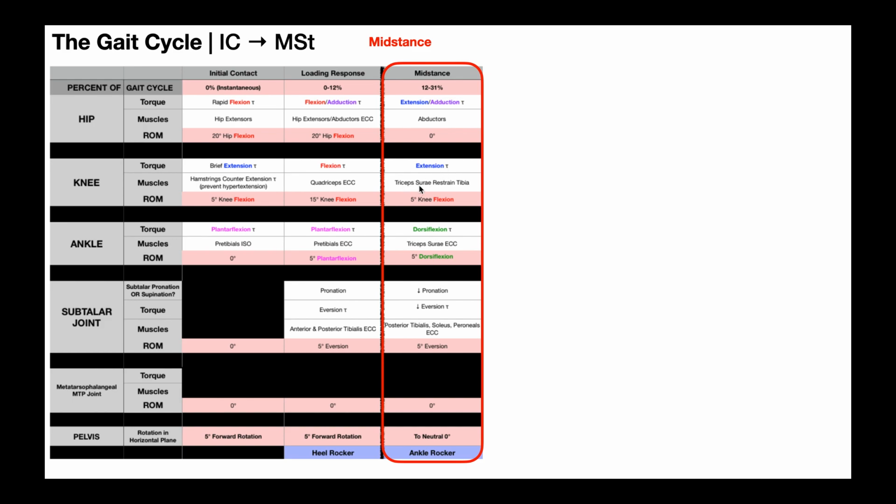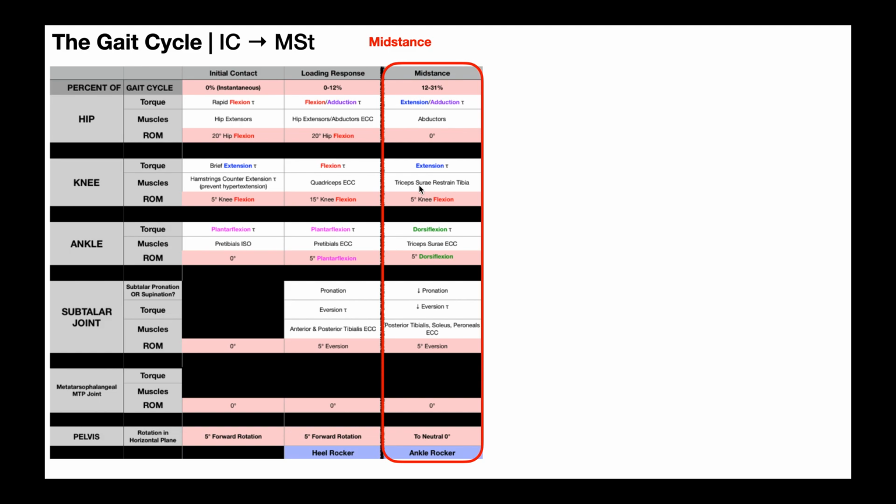Now, triceps surae, what is that? Triceps surae is really the gastrocnemius, both heads of it, and the soleus muscle. And we normally think of those muscles as plantar flexors, meaning they function at the ankle. But remember that, in particular, the gastrocnemius is a 2-joint muscle. So it does have function at the ankle, obviously, but it also functions at the knee.